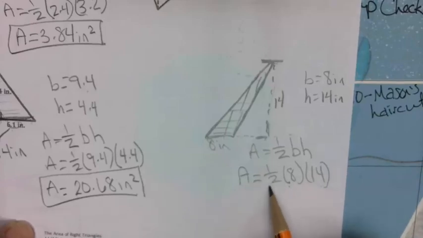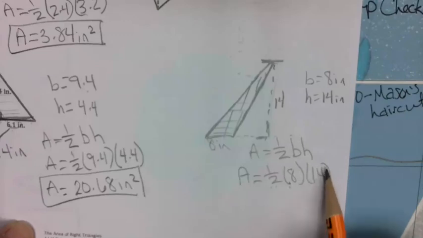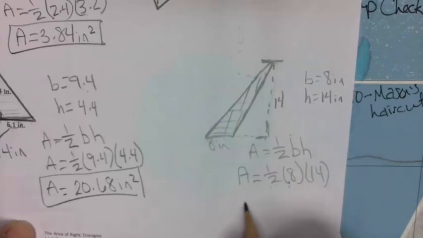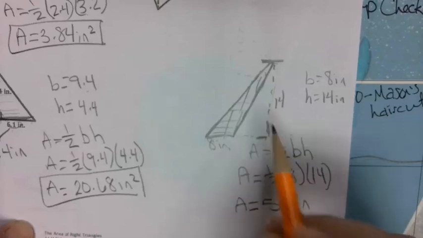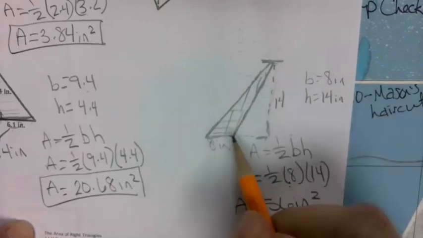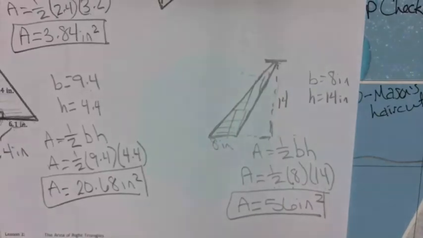Or I can say 1/2 times 8 times 14 and get 56. Or I can say 8 times 14 divided by 2, which is also going to give me 56. There's lots of different ways I can do that. But it's going to be 56 inches, and then it's area, so you know you're dealing with those little squares inside. And that is how I solve for the area of a triangle.